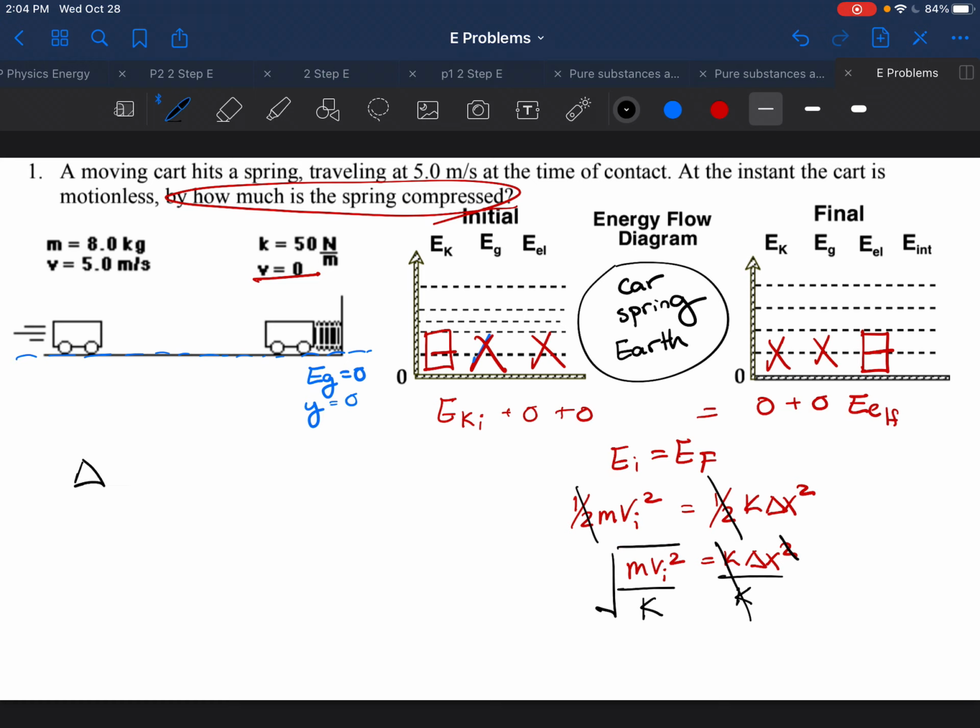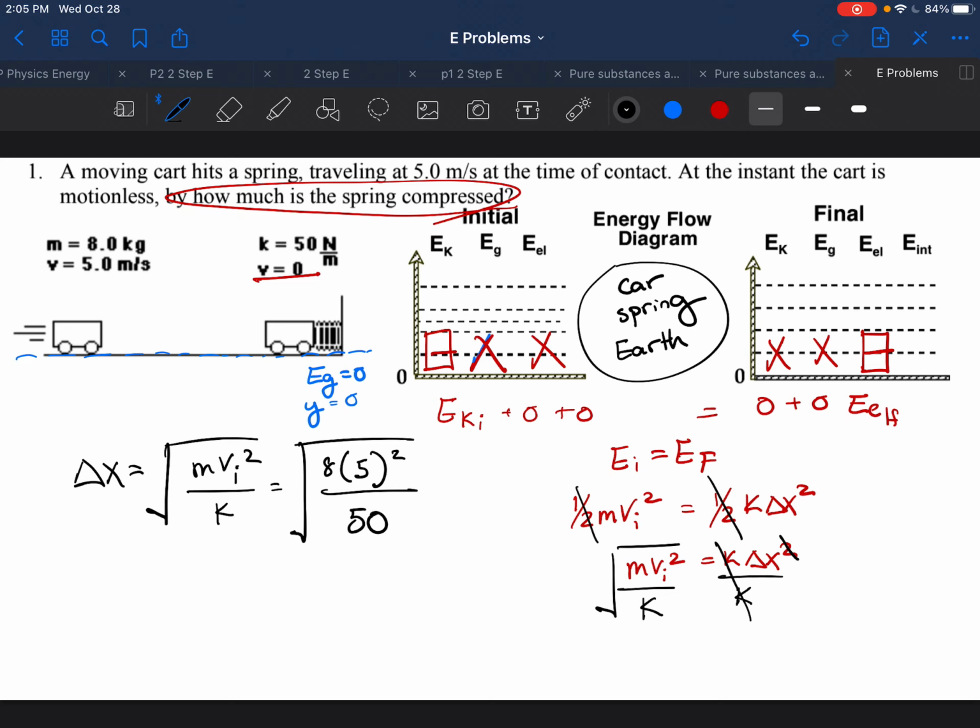So I get that delta x is equal to the square root of m v i squared over k, which is going to be the square root of the mass, 8 kilos, the initial velocity, 5 meters per second, squared, over k, the spring constant, which is 50 newtons. I plug that in, and I get an answer in meters, because we are talking about a horizontal displacement of the spring here.